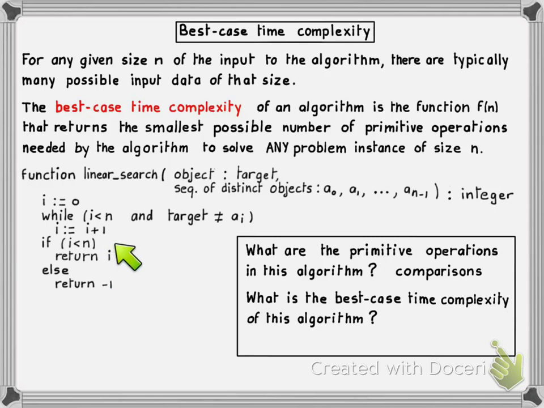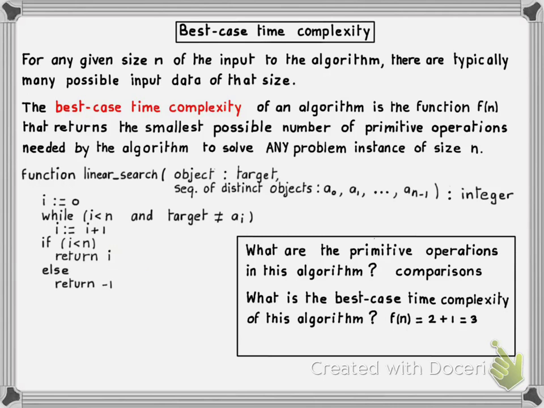In this case, the return value is going to be the value of i, or 0. So in the best case, for a particular size n of the input, the number of comparisons is always equal to 2 plus 1: 2 in the while loop and 1 for the return value.